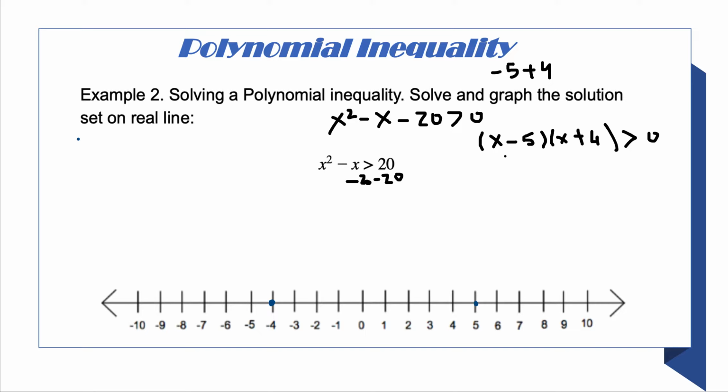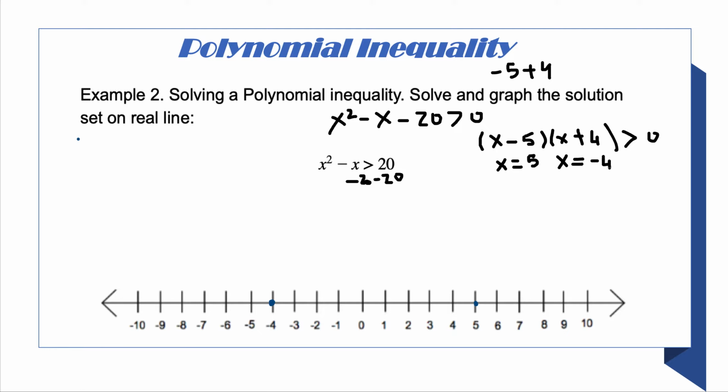For x minus 5, as a solution, x is going to be equal to 5. I'm looking just at a point, I disregard the negative sign here. I just want to know at which points I am dividing this number line. And here x is going to be equal to minus 4.